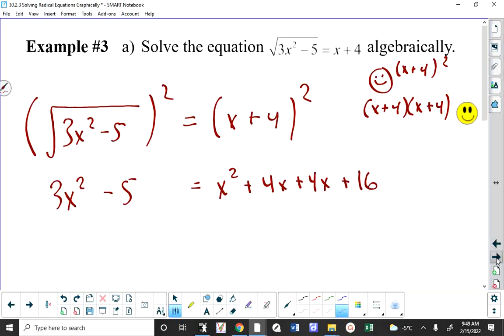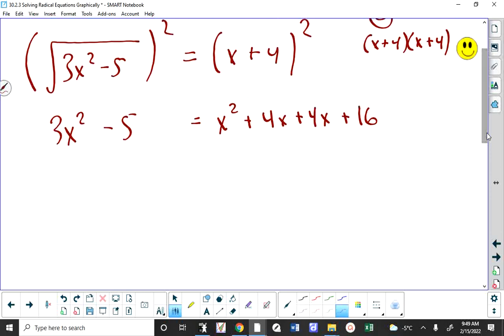I look at it now and go, well, it's quadratic. So I've backed up into Math 20-1 now. What does that mean? It means that I should zero this equation, subtract x squared from both sides. I have 8x on the right. I better subtract that 8x from both sides. I have 16 that I need to subtract from negative 5.